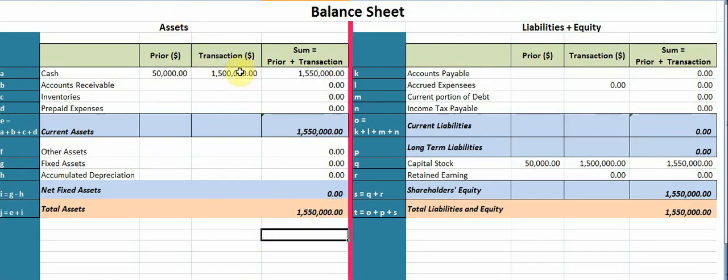Here I made an entry in both asset and liability plus equity section. In asset, I made an entry of $1.5 million against cash, and in the equity plus liability section, I made an entry of $1.5 million against capital stock. So that's why the balance sheet is right now balanced, because the total asset is equal to total liabilities plus equity.